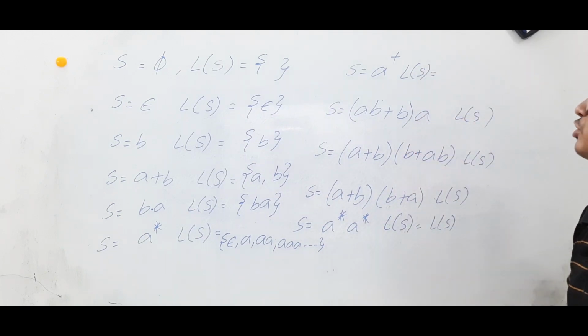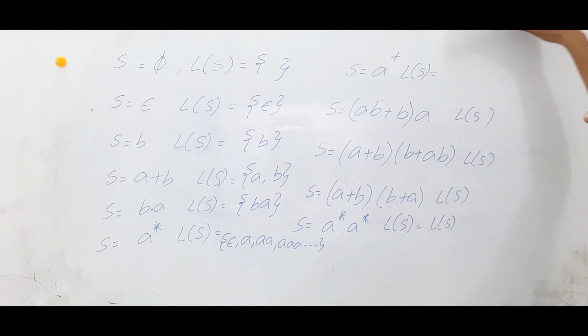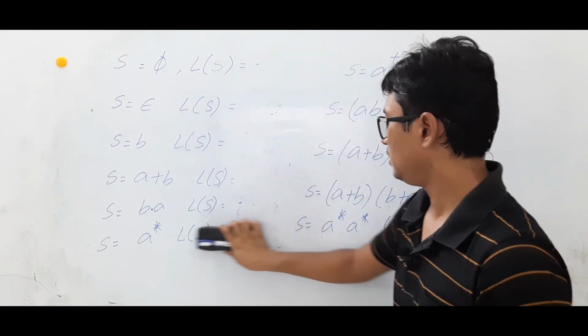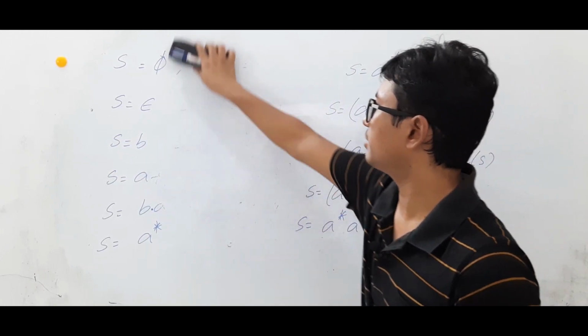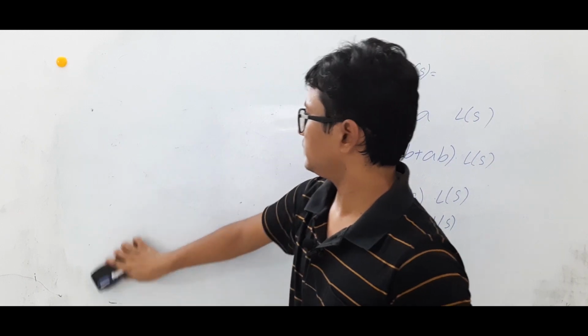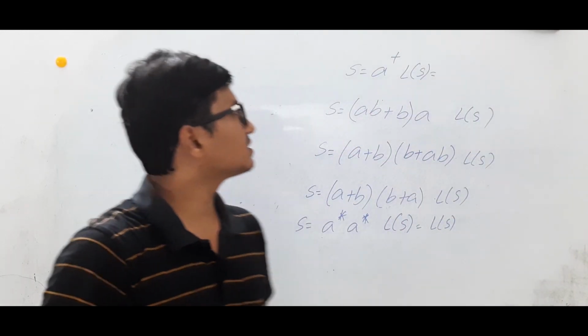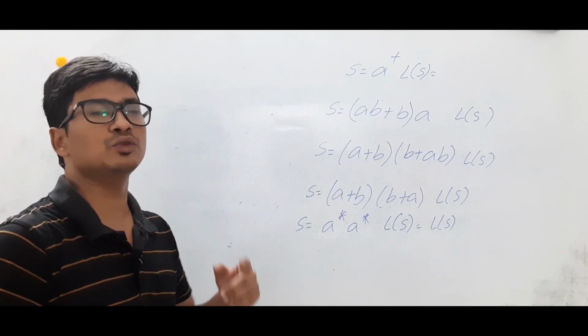Let me discuss a few more examples. I have taken Kleene plus. If I have a Kleene plus, what is the language I can generate? Let me write it here so that it will be visible for everyone. If I have a Kleene plus, then it does not consist of strings whose length is 0.